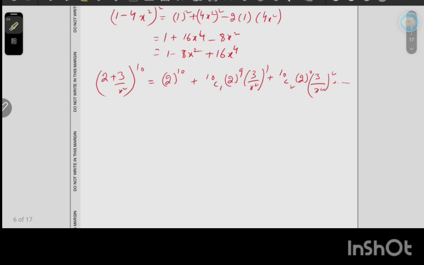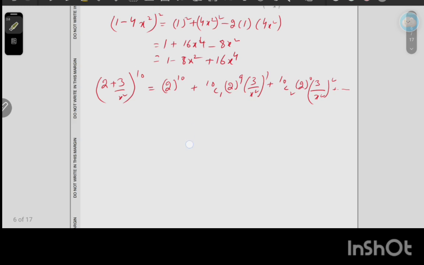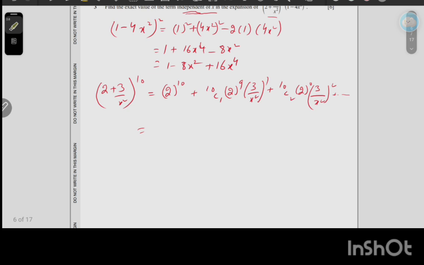Dear friends, now by using this, we have to combine all these things. This will be 2 power 10, which is 1024. Now 10C1, by using the calculator, we get 15360 divided by x². Similarly, the pattern is 10C2, and we apply it to get 103680 divided by x⁴.